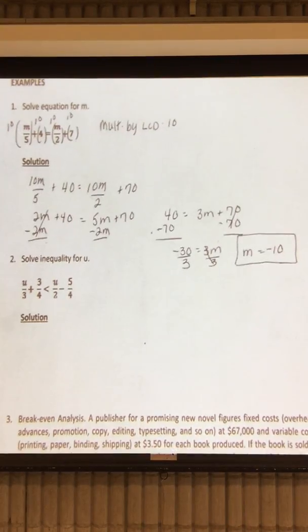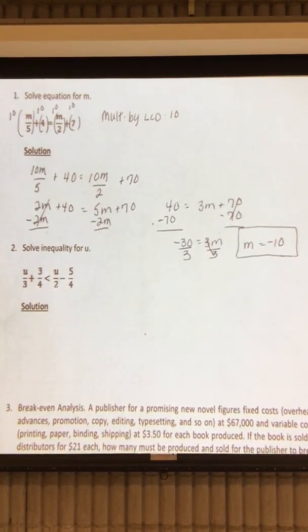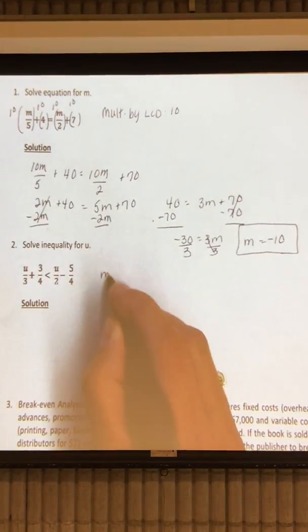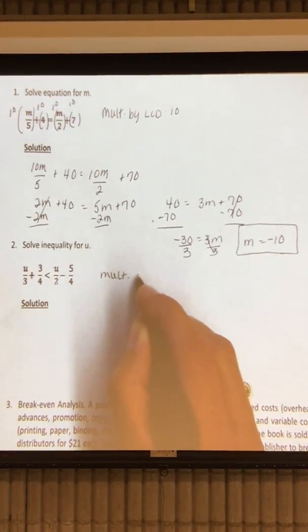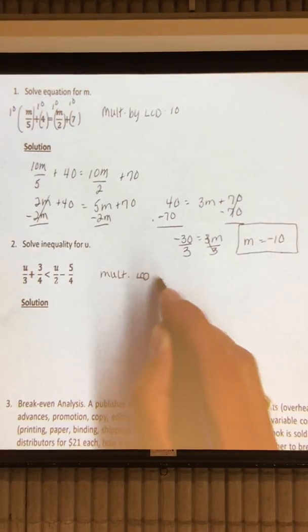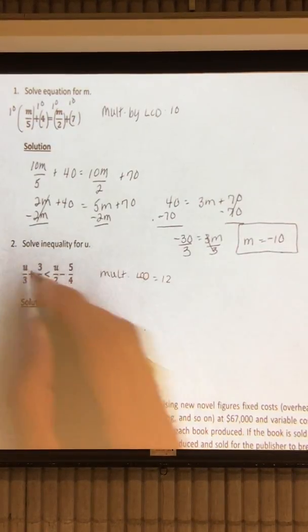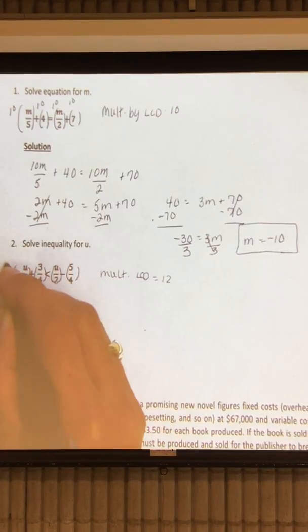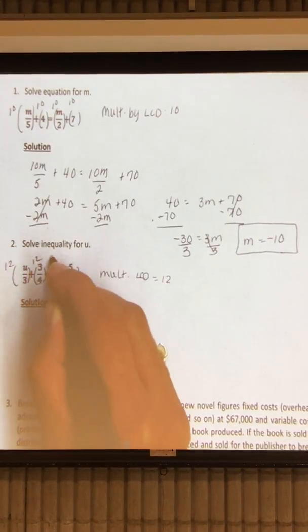Problem number 2, we have an inequality with fractions, so we're going to handle it the same way by multiplying by the least common denominator. And the least common denominator here is 12. So we multiply all terms by 12.